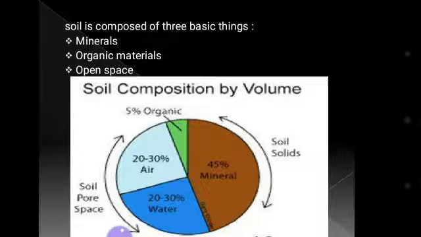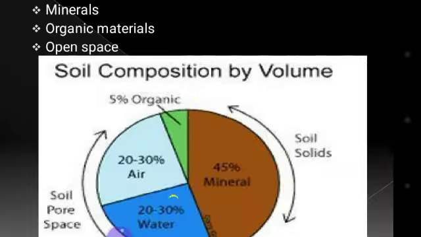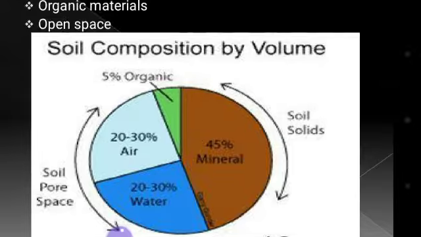You can see the composition of soil by volume in this figure. 45% of the whole volume consists of minerals, 5% is organic material, 20 to 30% is air, and 20 to 30% is water.